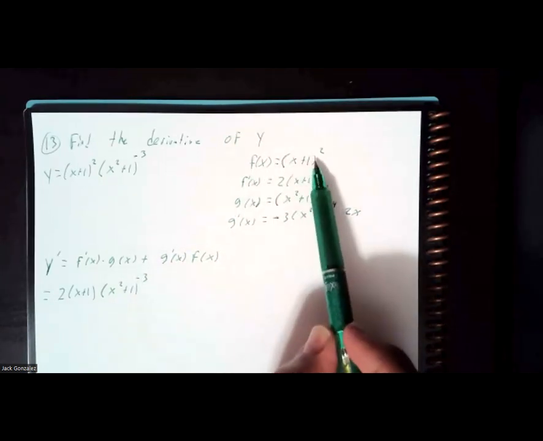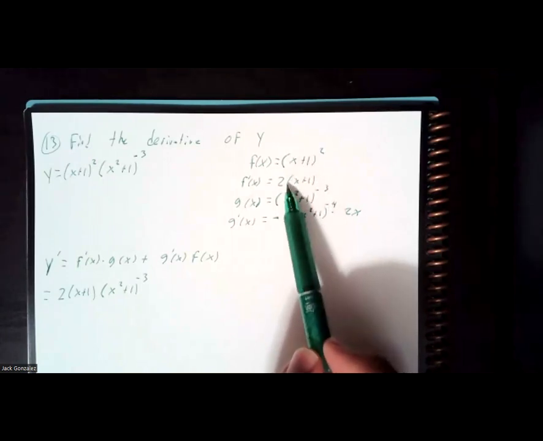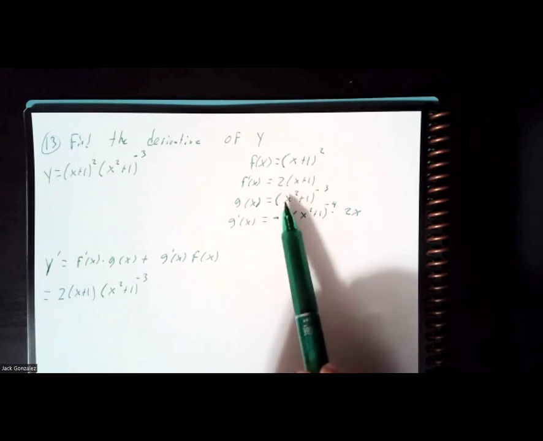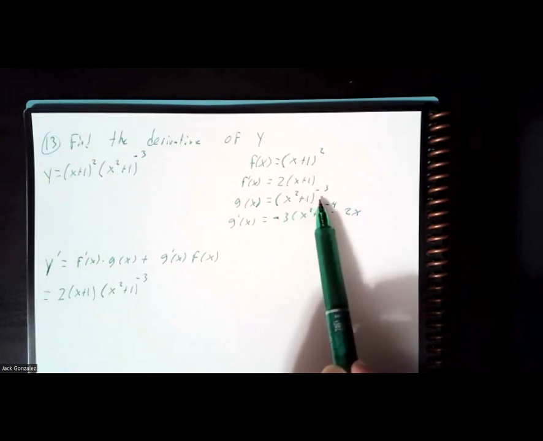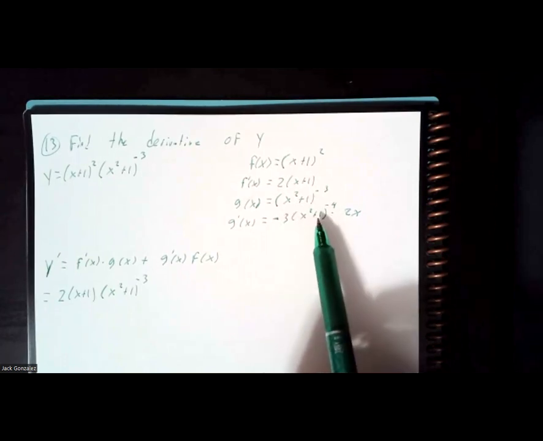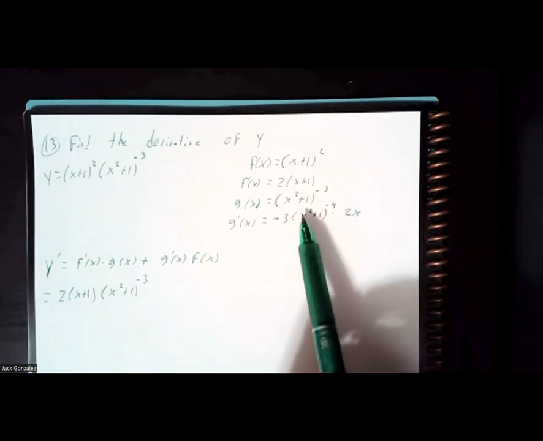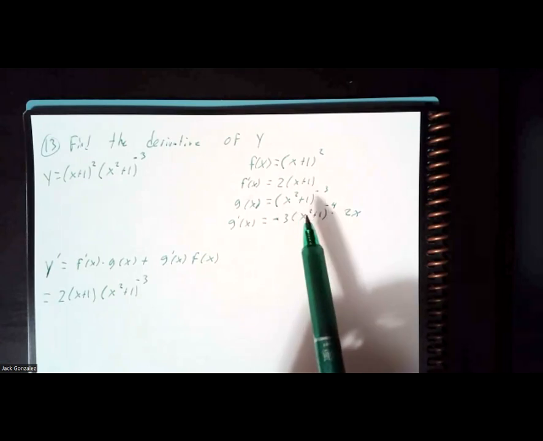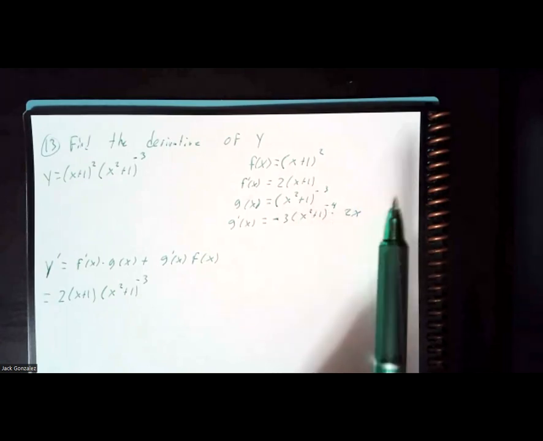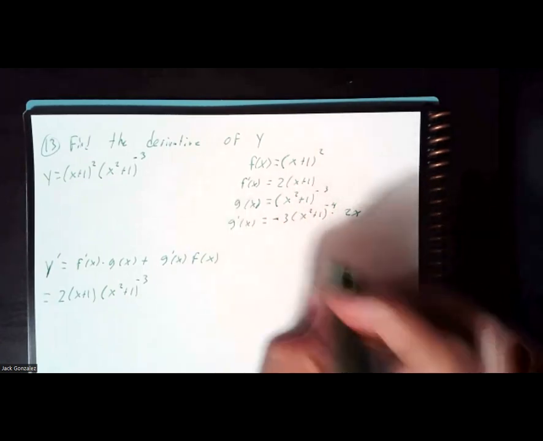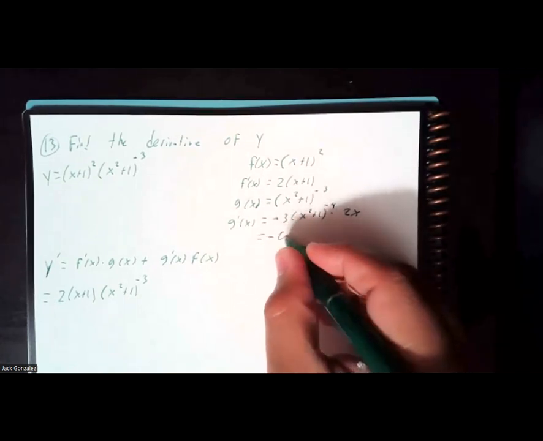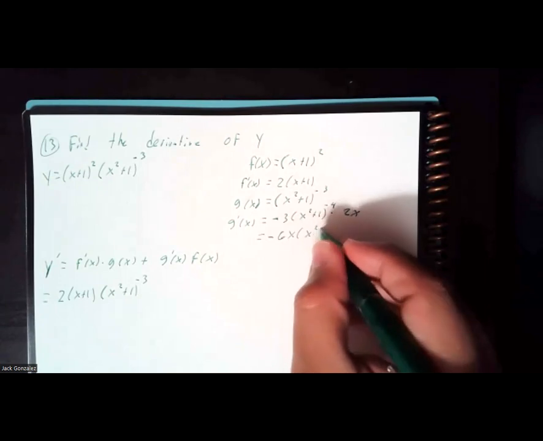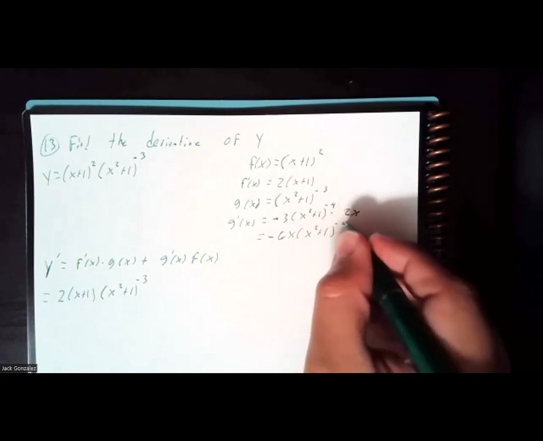So here's a derivative. The chain rule doesn't really make a difference here because the derivative of the inside is 1. The derivative of this one is going to be the chain: you bring down the -3, subtract 1, times the derivative of the inside, which is 2x. So we should say negative 6x times (x squared plus 1) to the -4.